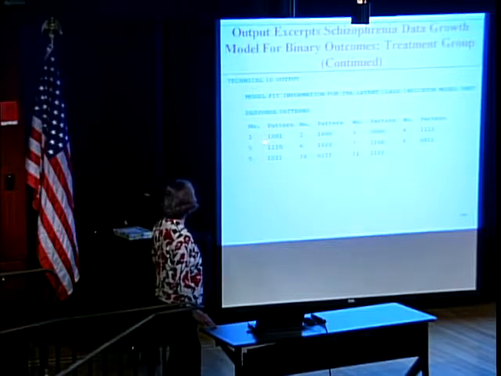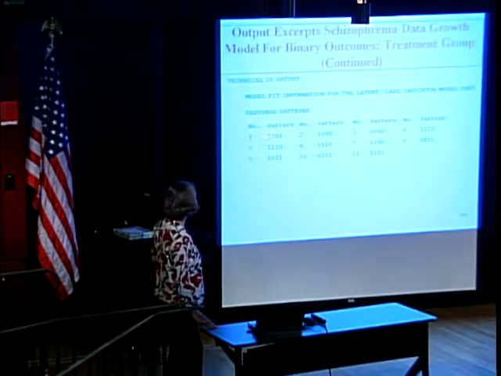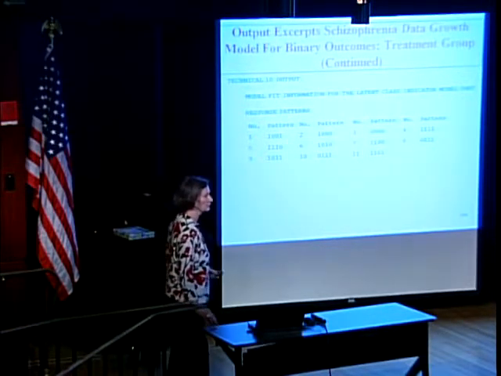So pattern 1 are people who have 1 at the first time point, 0 at the second and third, and 1 at the fourth. Pattern 2 is somebody who had 1 at the first time point and 0 at 2, 3, and 4. So you can see that. So this is just a lookup that we have so that we can know when we get information for number 1 which pattern it refers to.